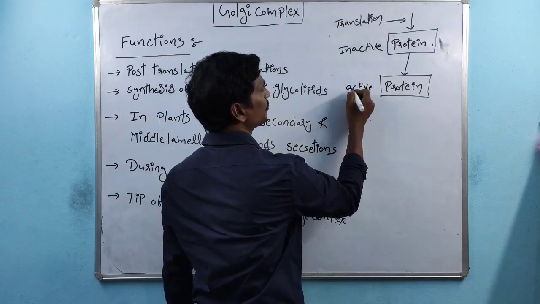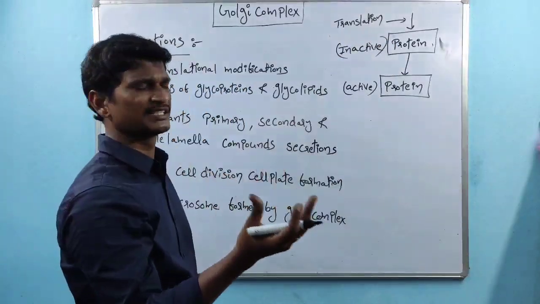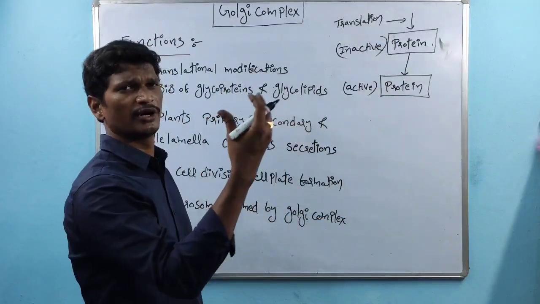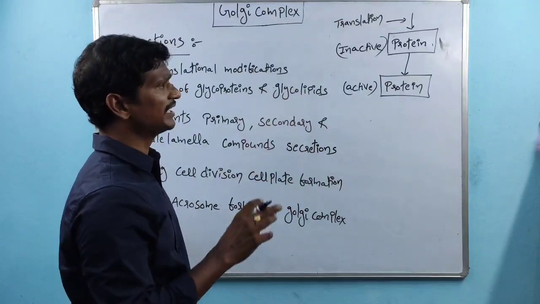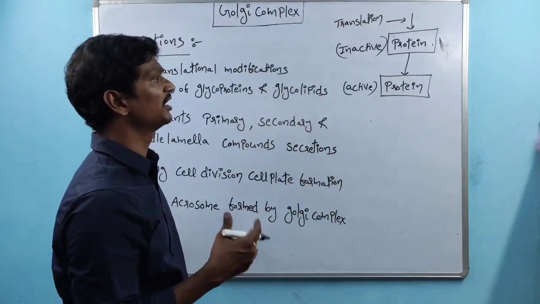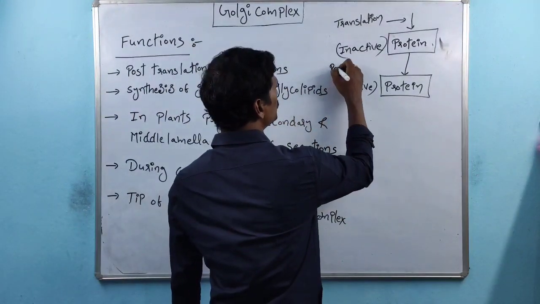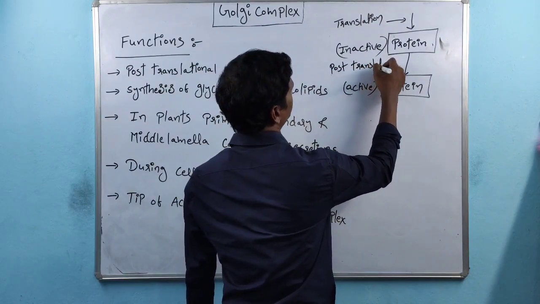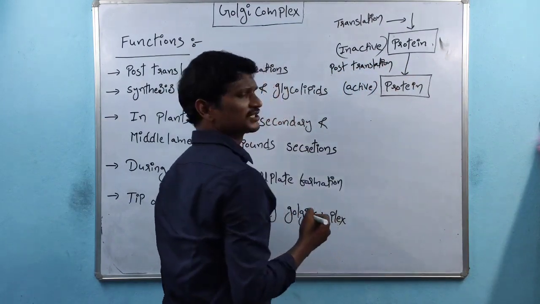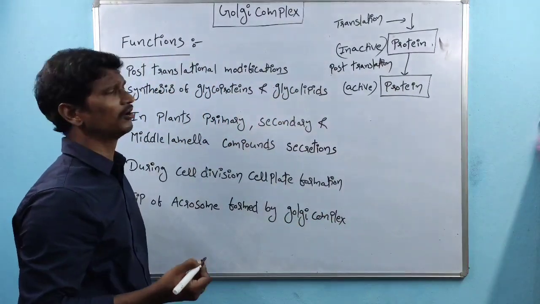By the addition of different groups. Maybe some amino acids are deleted, maybe carbohydrate moieties are added, maybe lipid moieties are added. So the inactive protein is finally converted into the active protein. This step is called post-translation, and the post-translation is done by the Golgi complex.